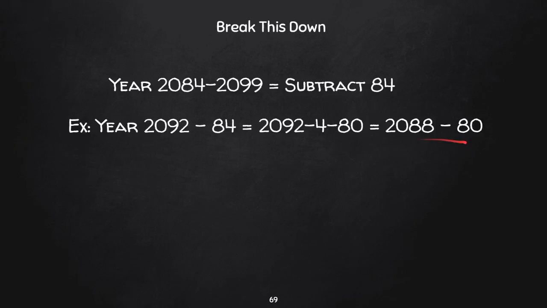So 2088 minus 80 is simply equal to 2008. And we already know the year code for 2008 is 3. That means the year code for 2092 is also 3.